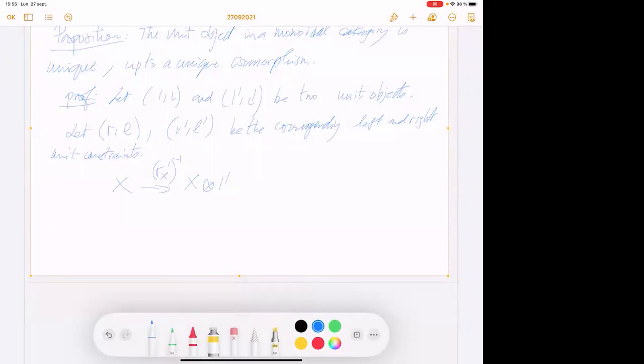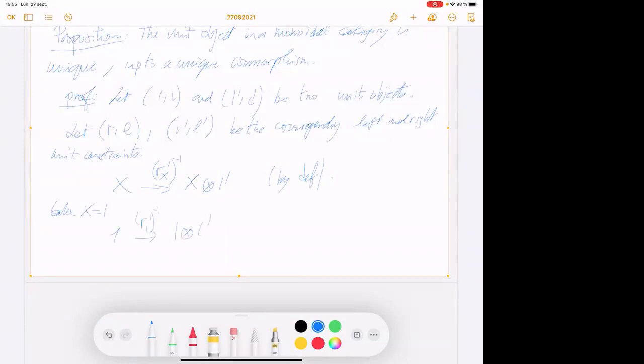This is the definition of R prime. So with R prime, you remove the 1 prime on the right. So you take x equal 1. So this is by definition. Take x equal 1, you get 1 R1 prime inverse, 1 tensor 1 prime.